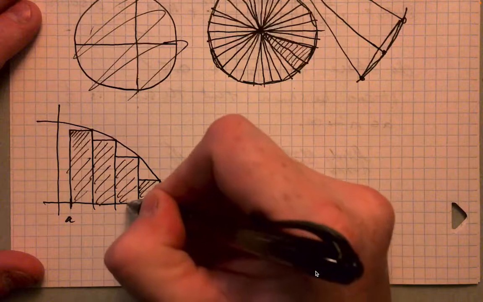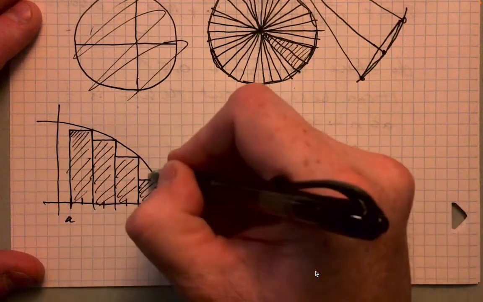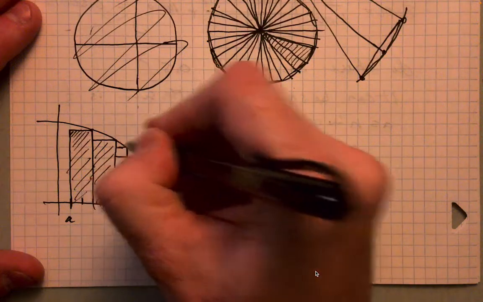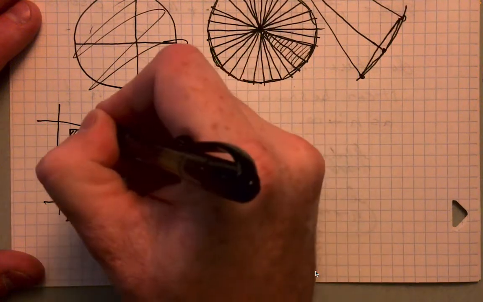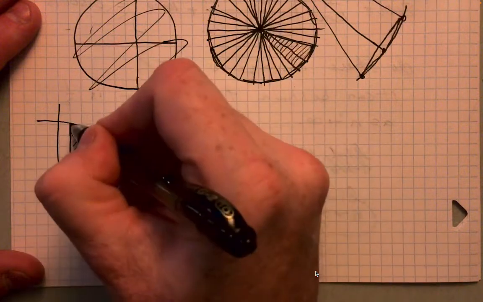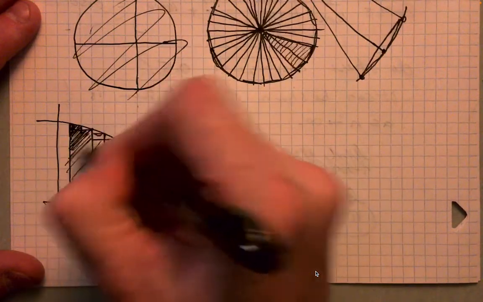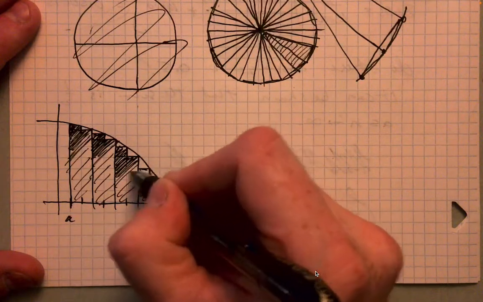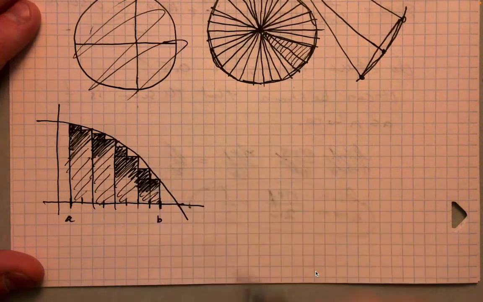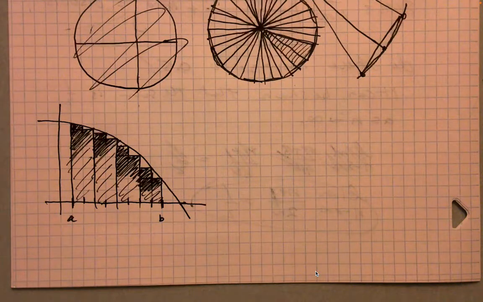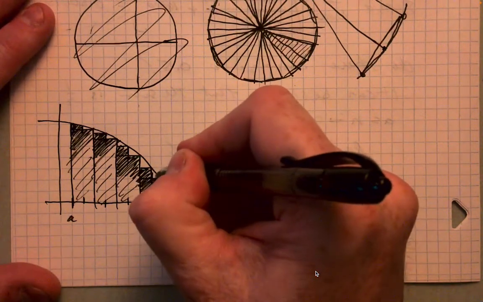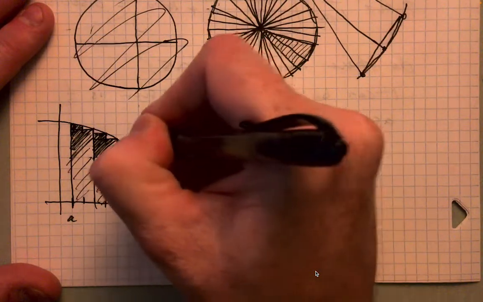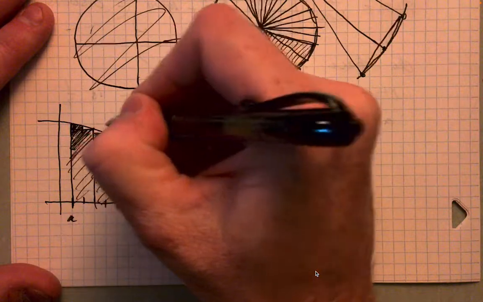Now, let's say I halve the width of the intervals. Then I'm going to capture more of the area, aren't I? So now I come all the way up like that. And you can see that the estimate gets better the more rectangles you have. And naturally, we could halve them again, and when we do that, we cut out even more of the gap.